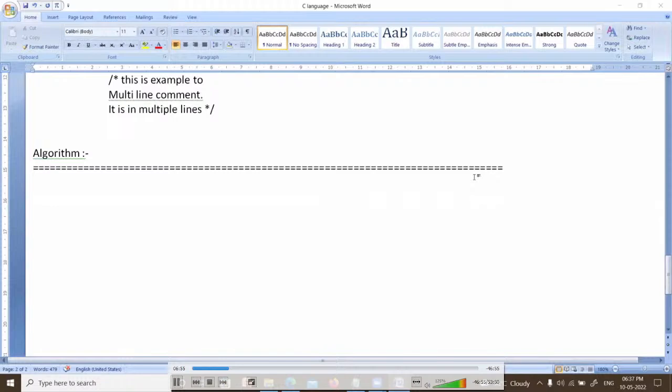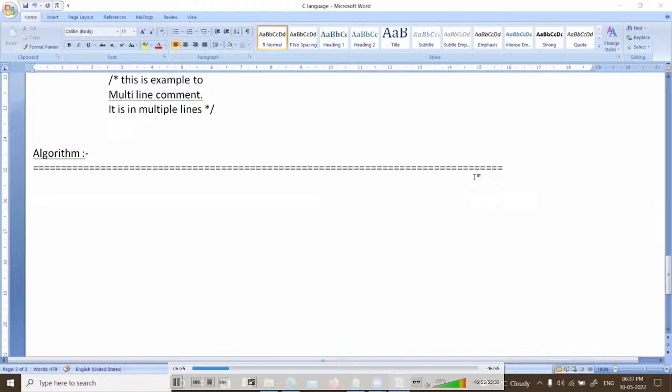Then you start the vehicle. After that, second gear, third gear, fourth gear. Whenever you want to slow down, you come back from fourth gear to third gear to second gear, like that. Finally, if you want to stop, you press the brakes, come back to neutral and then stop the vehicle.